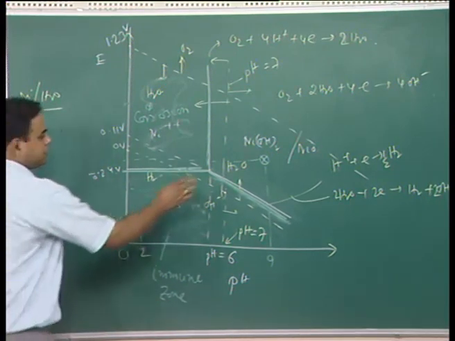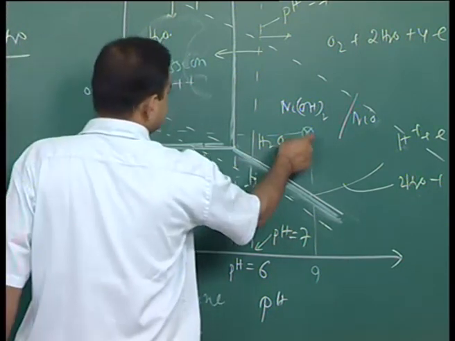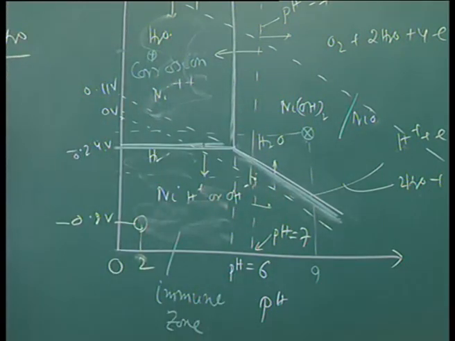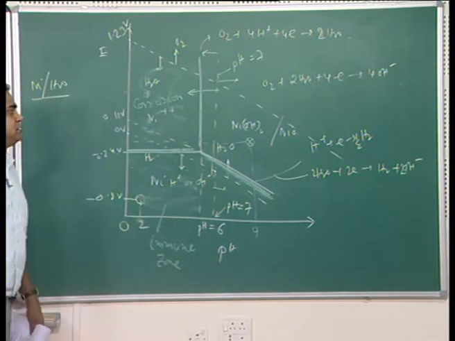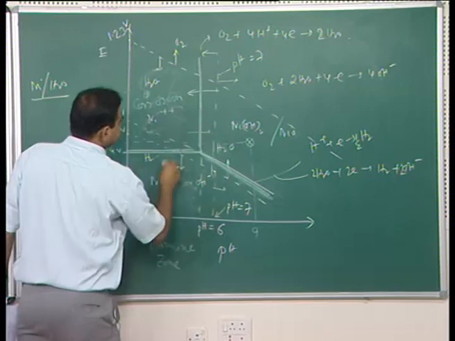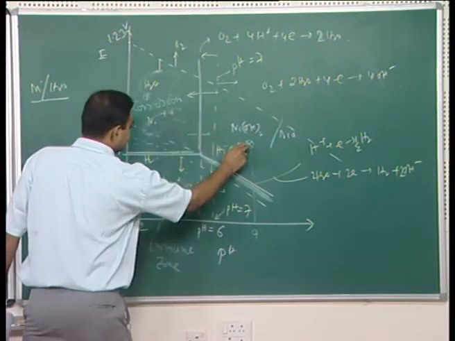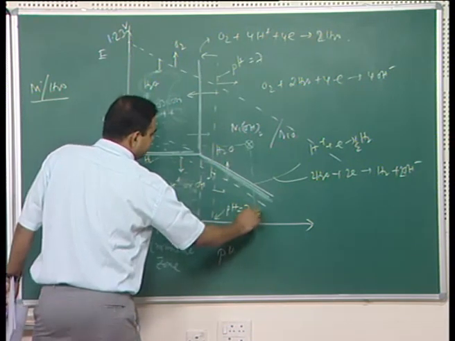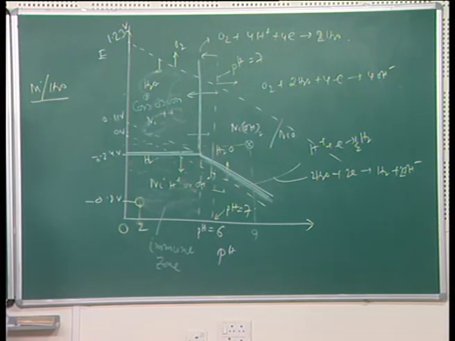Here the product is Ni(OH)2, or this place is in the Ni(OH)2 region. That means the product would be Ni(OH)2 from Ni or Ni++. So, if you go from this region, Ni++ will form Ni(OH)2. If I am here and I go to this place, then I form Ni(OH)2.